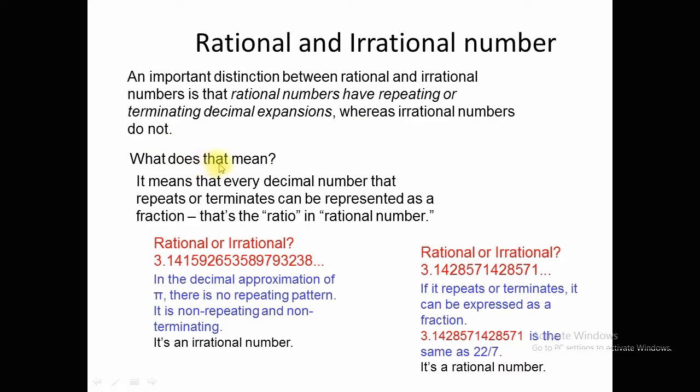What does that mean? It means that every decimal number that repeats or terminates can be represented as a fraction. That is the ratio in a rational number. For example, 3.142857 142857 142857.